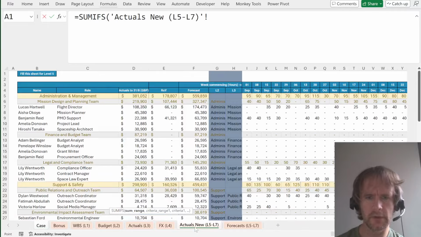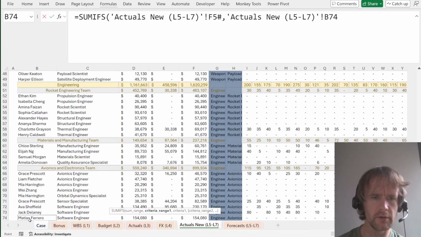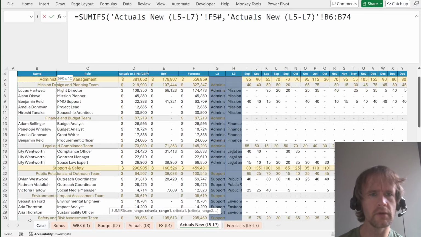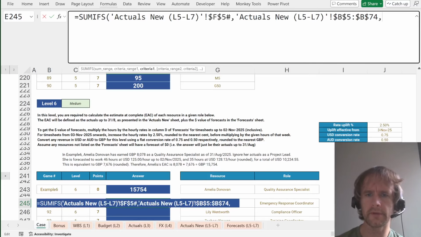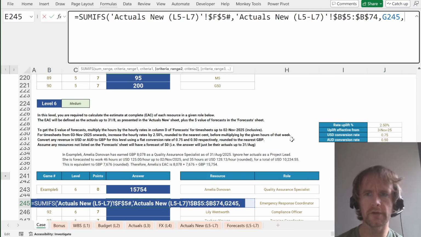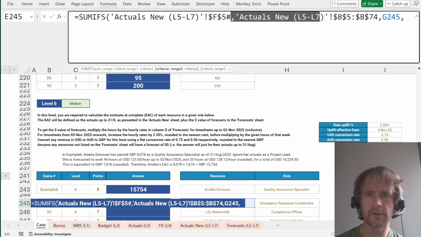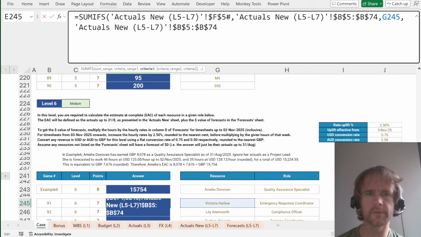Full year forecast, where I'm going to lock that one as well. Where that is G245, and the same thing for column C is the same thing for column H, H245.